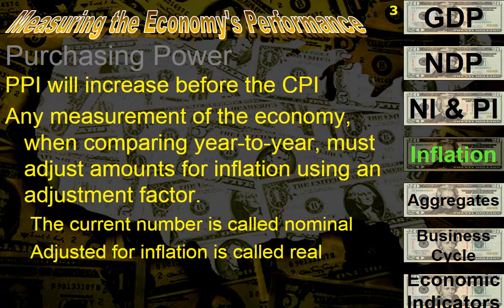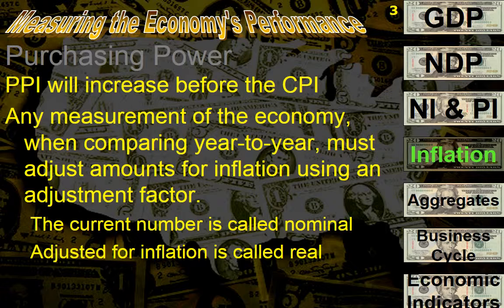So while the CPI is kind of a now picture, the PPI, the producer price index, is a picture of what's going to be coming, because producers' raw materials and prices are going up.